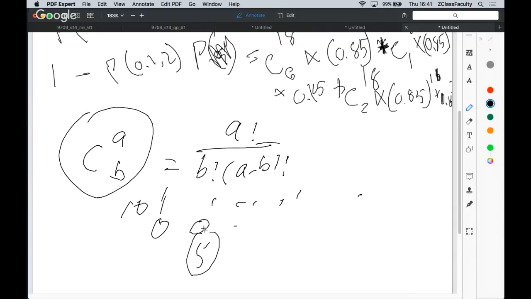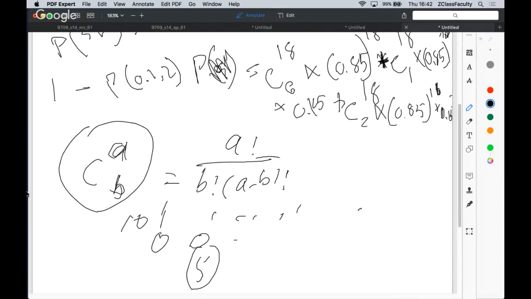So how many ways of taking 5 basketballs out of 10 basketballs? The formula is this. Okay, that's fine. You calculate this expression and you get a probability.